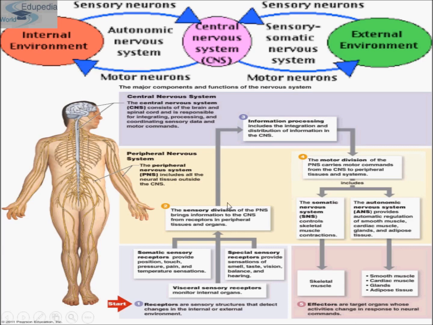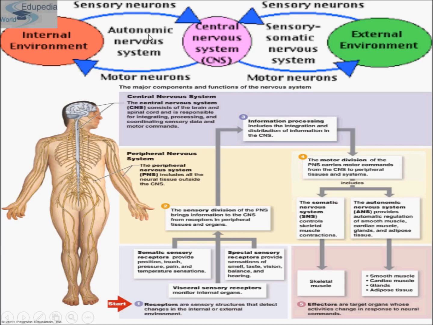Now this motor division includes two types: the somatic nervous system and the autonomic nervous system. The somatic nervous system controls skeletal muscle contraction. That means all the skeletal muscle contraction is regulated by the somatic nervous system, which is the second part of the peripheral nervous system.